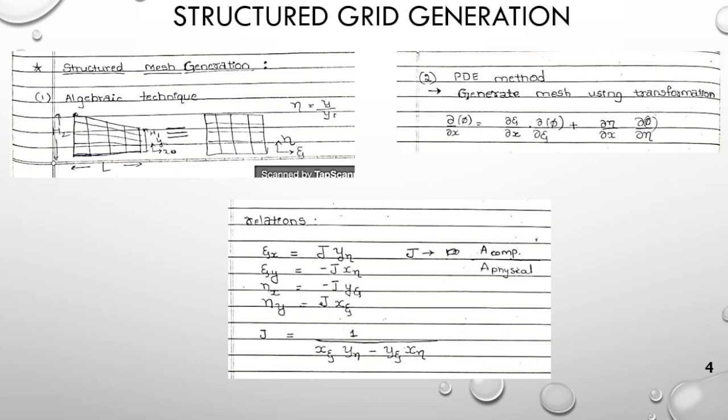For that particular thing, we come up with these transformation relations, which we will try to derive in one of the tutorial problems today. So just hang on for a moment. We will try to derive these equations, how these things come.